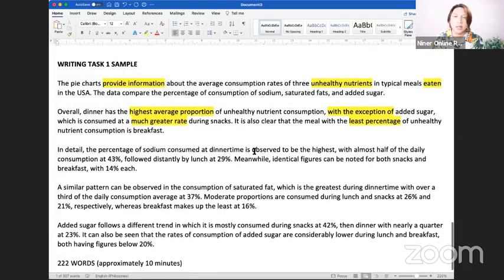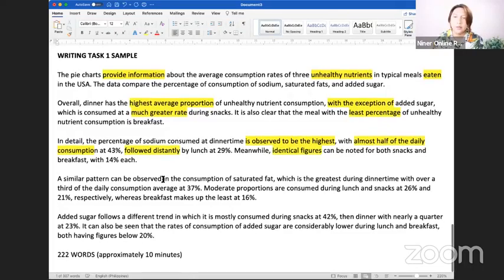Sodium consumed at dinner time is observed to be the highest, almost half of the daily consumption, followed distantly. I have here identical figures. I also have here a similar pattern can be observed. Greatest during dinner time.